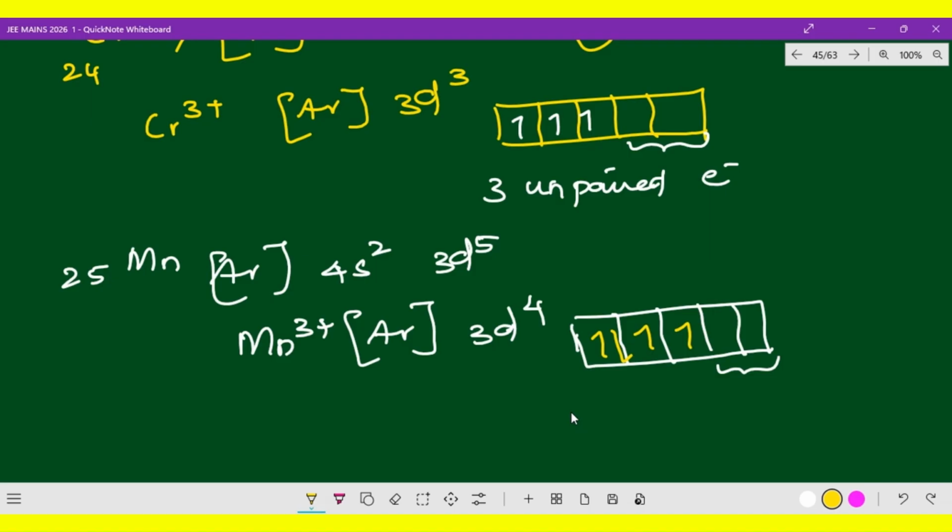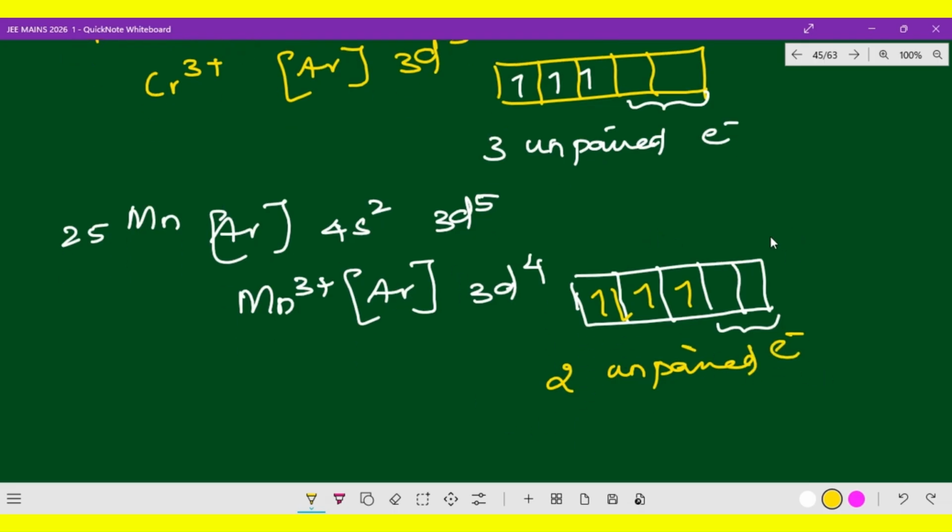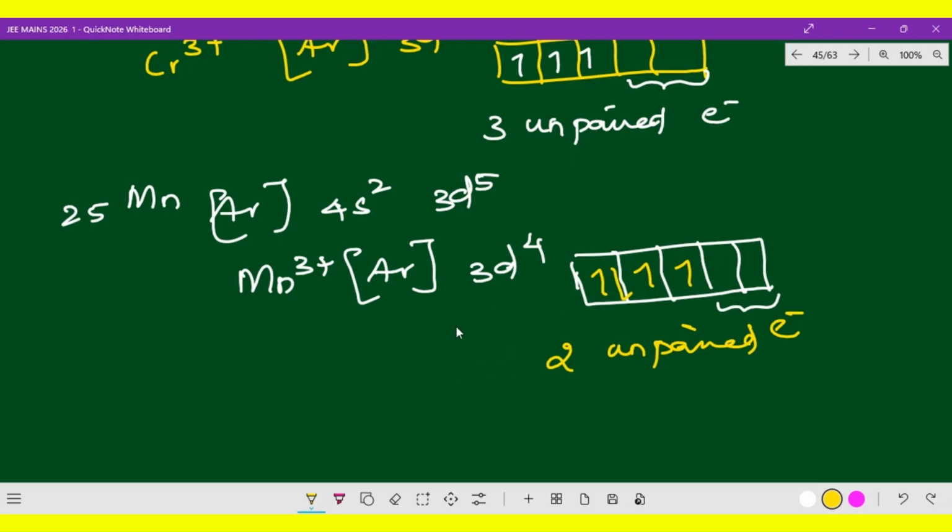So that means 2 unpaired electrons are there. Got it? 2 unpaired electrons. How did you get that? The last two d orbitals are not available in low spin complexes. That is the reason.